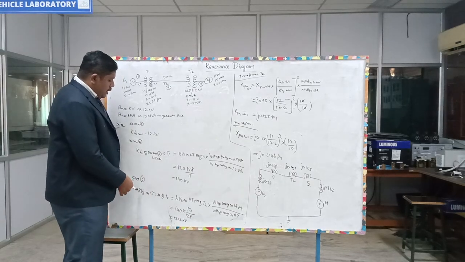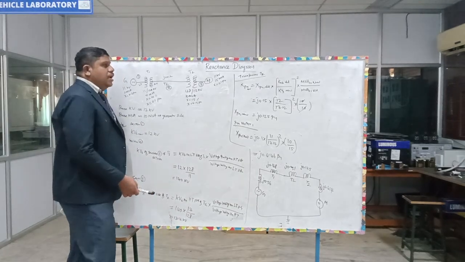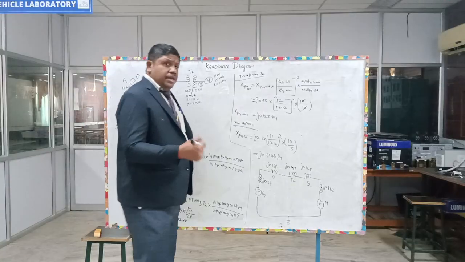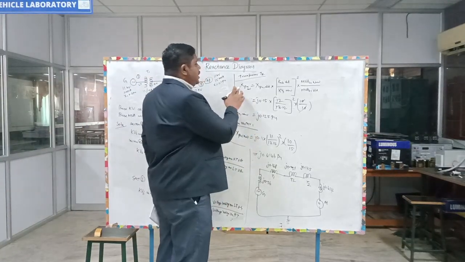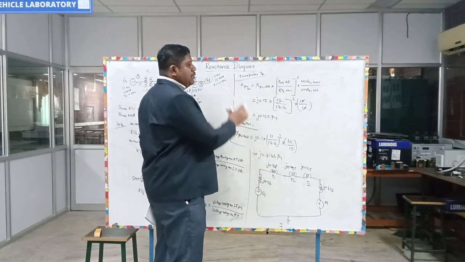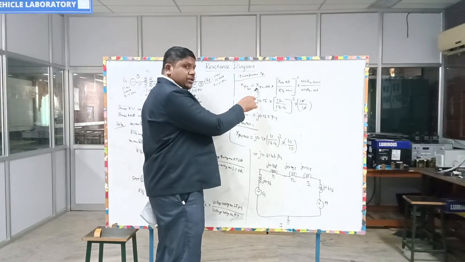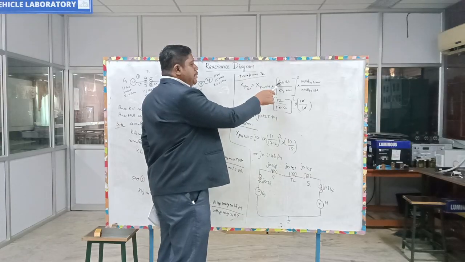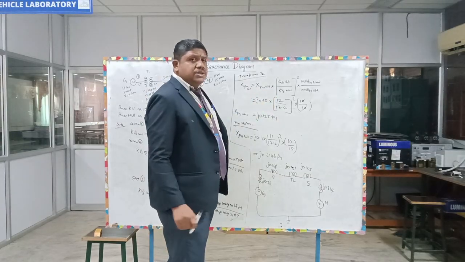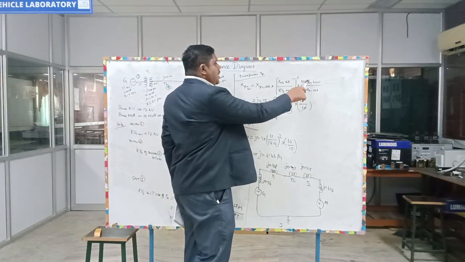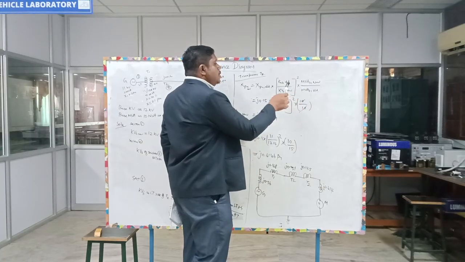Similarly, you have to calculate for section 3, and for calculating the new reactance for each component, the basic formula is X per unit new is equal to X per unit old into kV base old by kV base new, squared, into MVA base new by MVA base old.